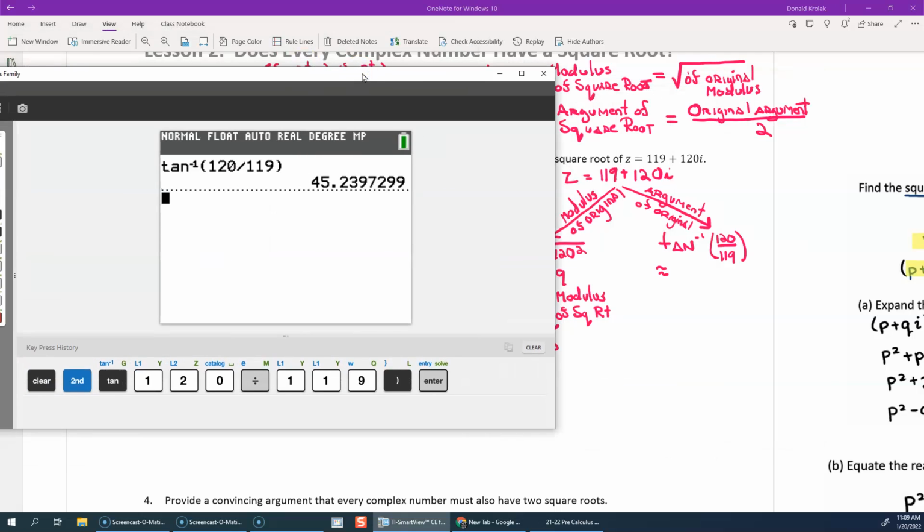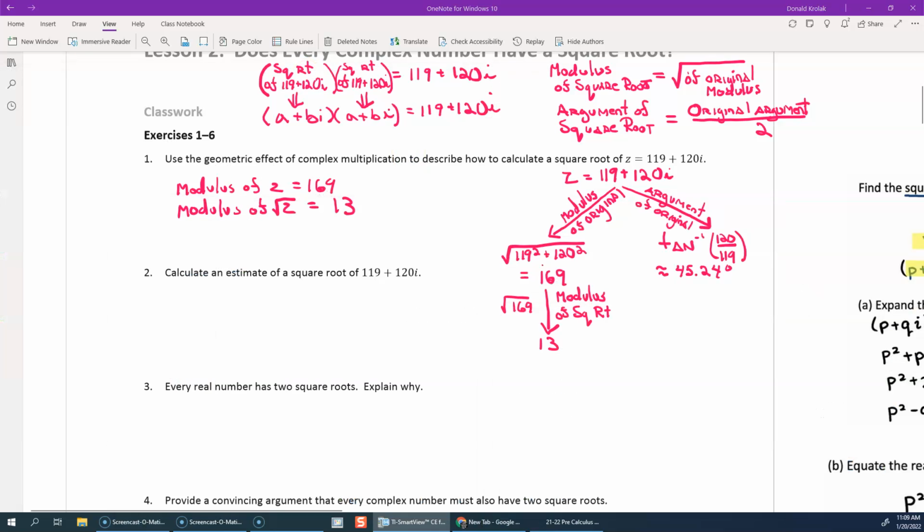I'm just going to estimate this. This is about 45.24 degrees. Okay. All right. Now we want to convert that into the argument of the square root.